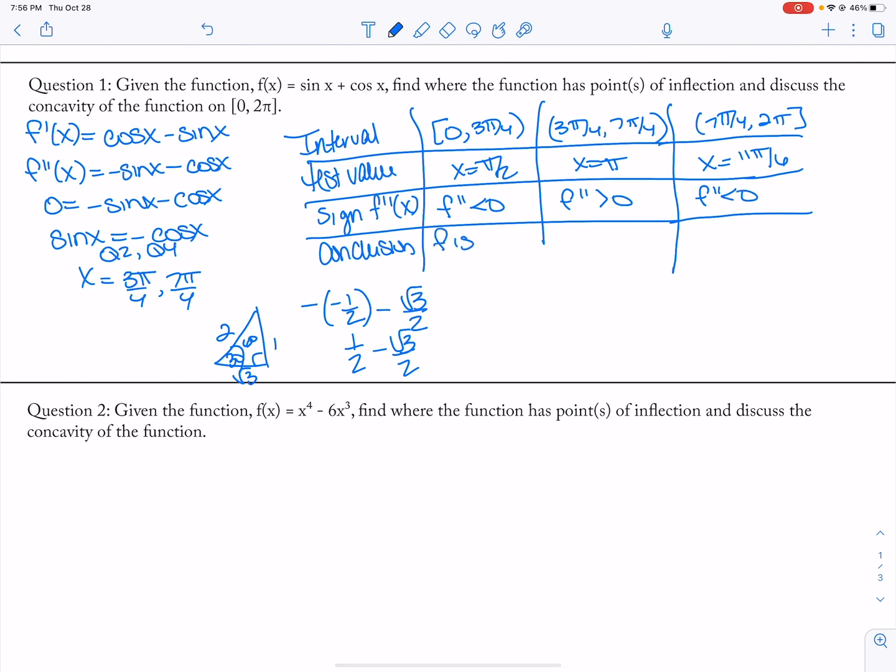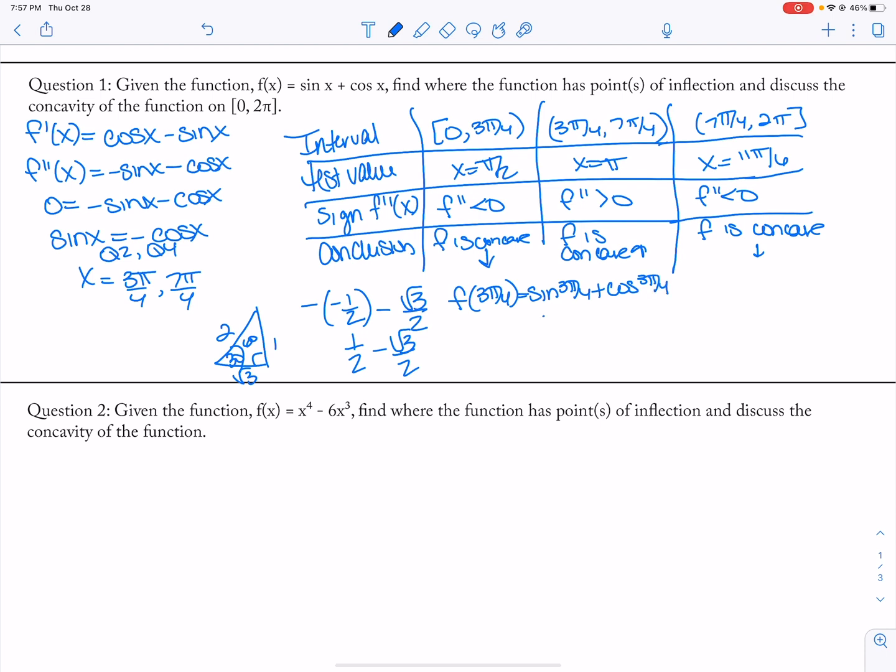So then f is concave down. Just kidding, f is concave up. F is concave down. Okay. So now I want to know my points of inflection are 3 pi over 4 and 7 pi over 4. So then I want f of 3 pi over 4, which is sine of 3 pi over 4 plus cosine of 3 pi over 4.